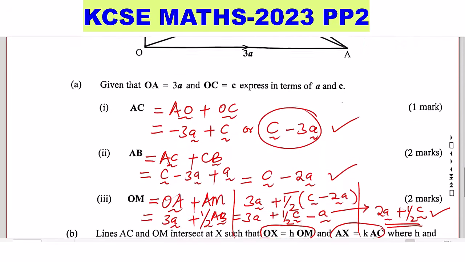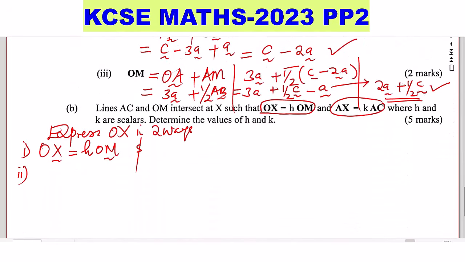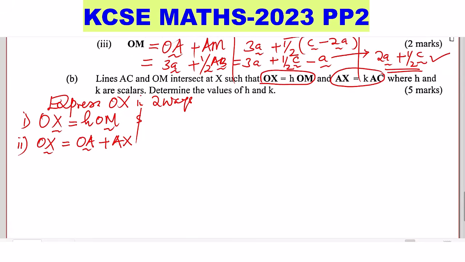So if you want to express OX and at the same time use AX, you're going to say OX is equals to from O to A, then from A to X. So you can see I've used AX. So these are the two vectors that you need, and this one will give you two equations that you're going to solve simultaneously.